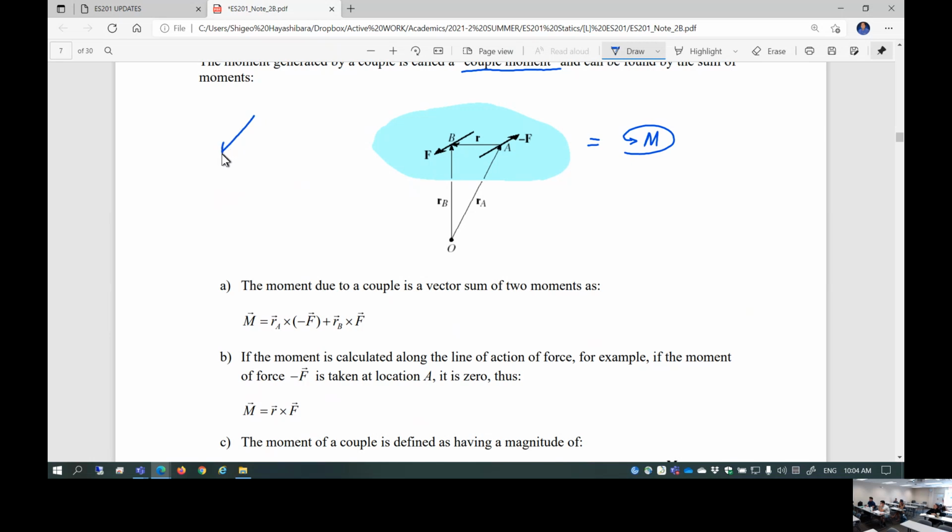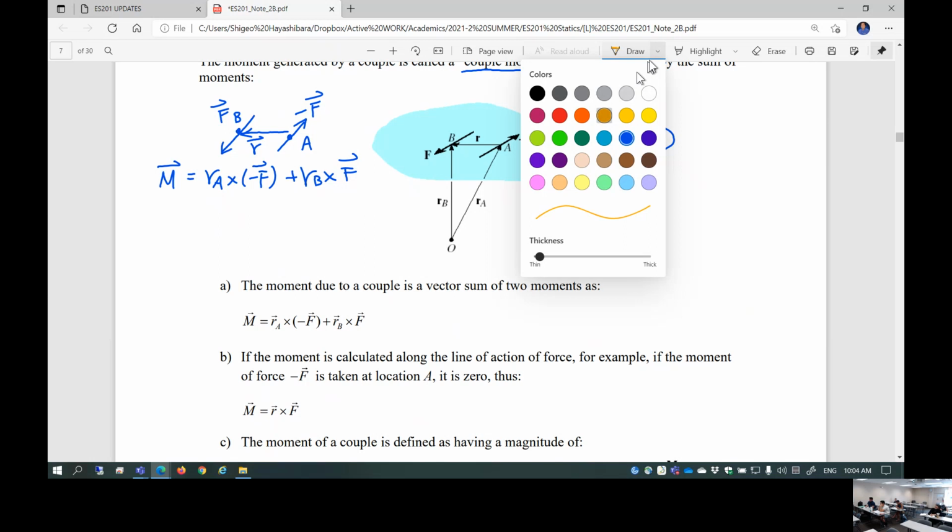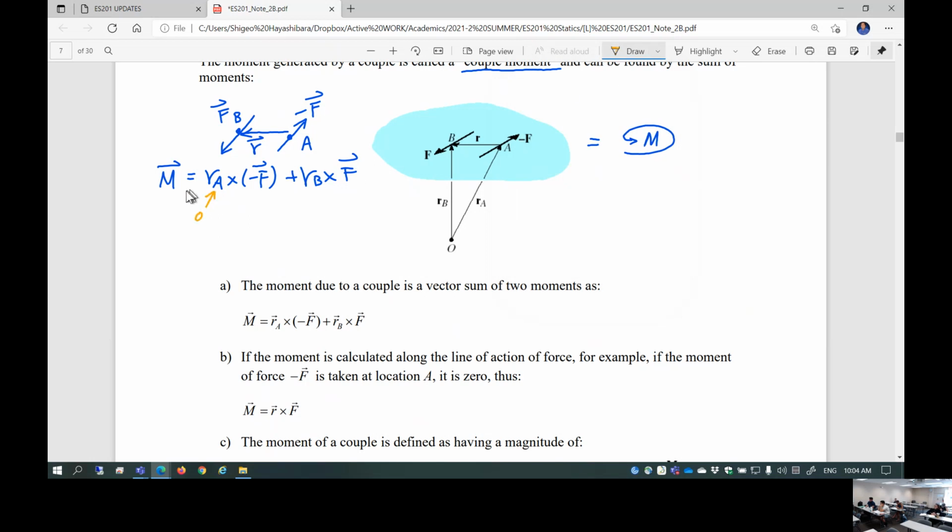The force is F here, and the force is minus F at location point A. If you want to do the same thing, this is a position vector R from A to B. So, like I said, the moment is RA cross minus F plus RB cross F. Now, in this particular situation, RA is 0, so this whole term is 0. RB is now R.